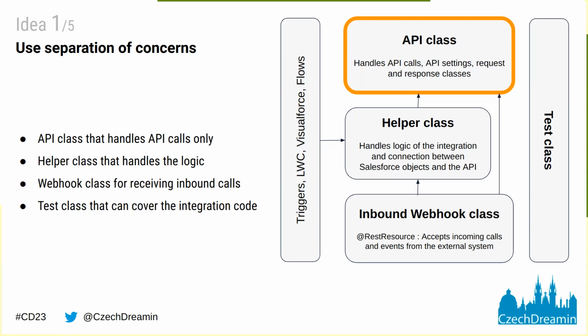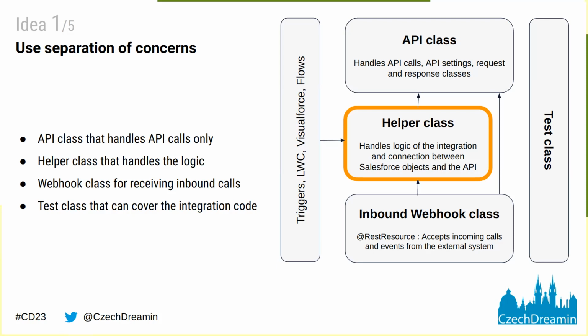The logic of the integration is going to happen in the helper class. This is where we're doing, for example, field mappings from Salesforce to the QuickBooks REST API request. And this is where you can also handle the response. Depending on the response from the REST API, you can update records and make changes to your Salesforce org.